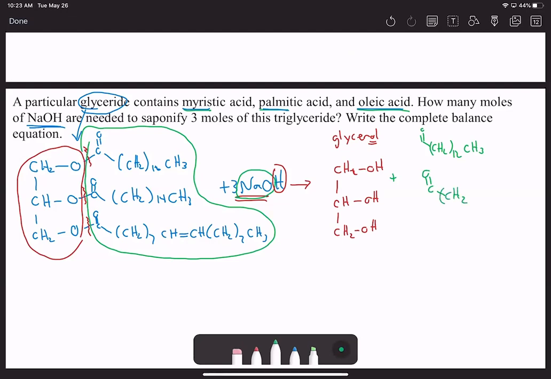There's 14 of them. There's 7 of them. CH double bonded. There's my double bond. CH2, 7, 3. And now I'm going to add this NaO to it.